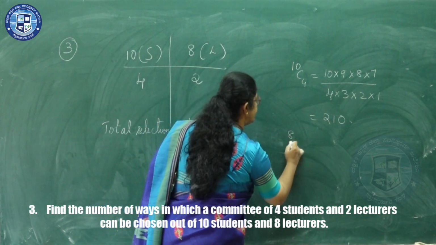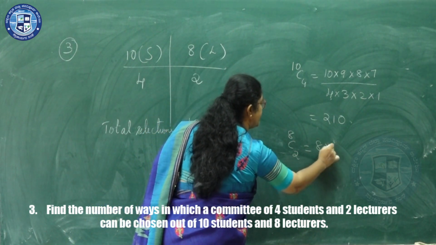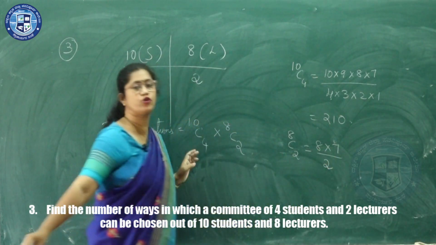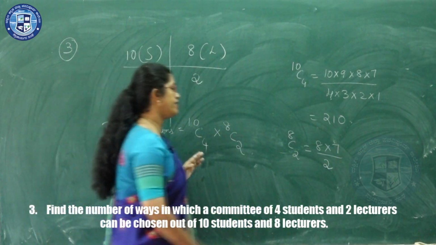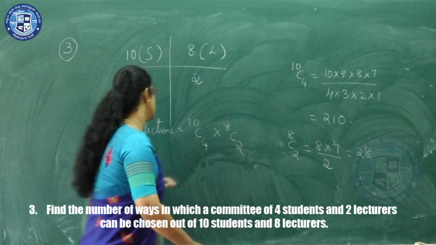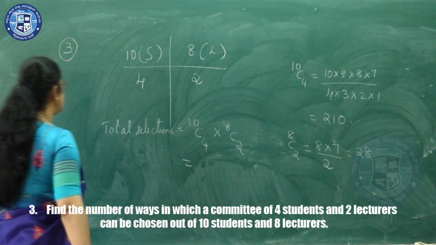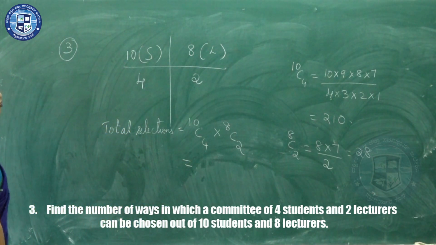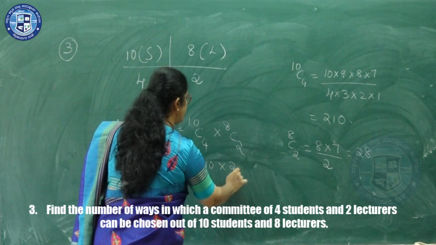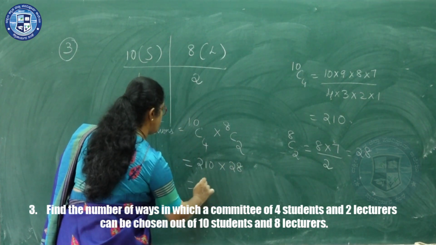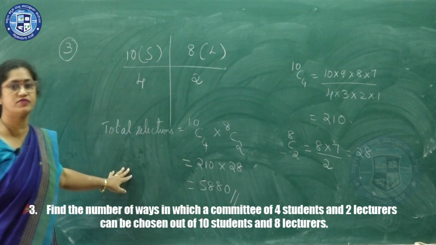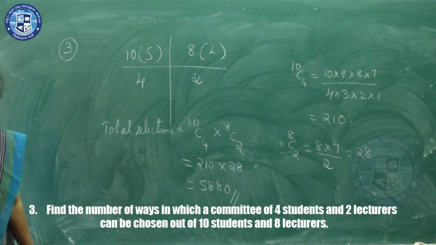Next, 8C2 is 8 into 7 divided by 2 factorial, which is 2 itself, and when you calculate you will get 28. So 10C4 into 8C2 is 210 into 28, which is equal to 5880. So the total number of selections is 5880.